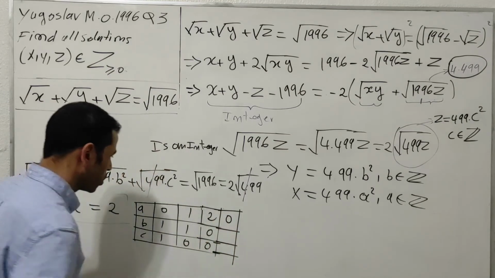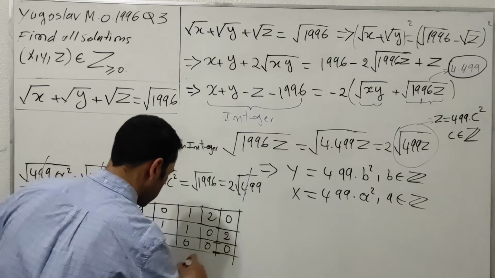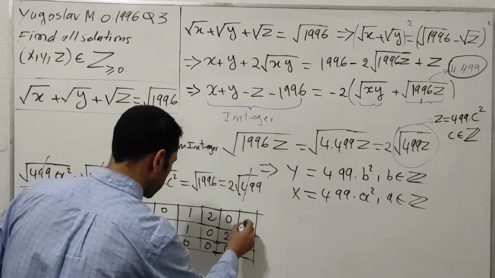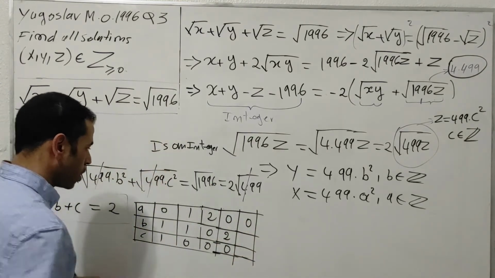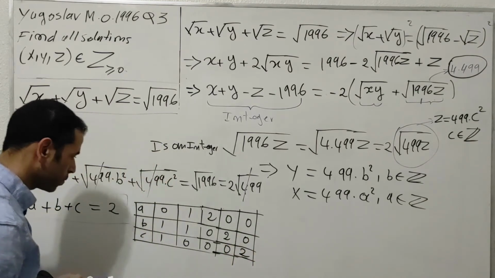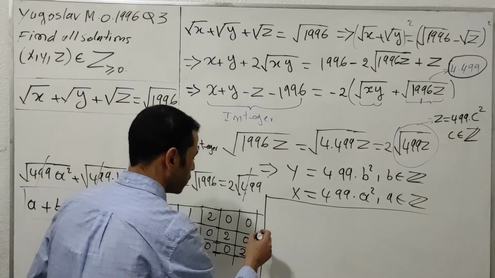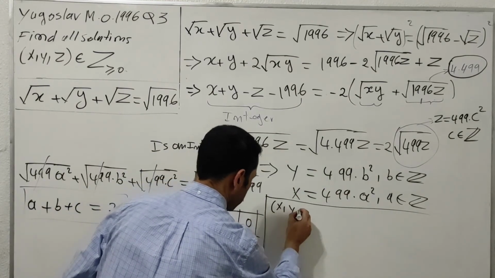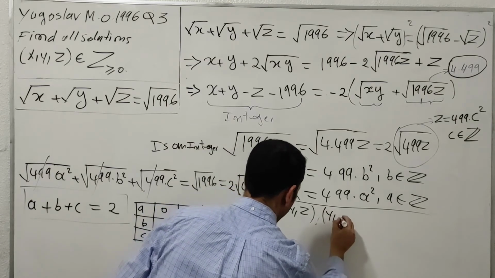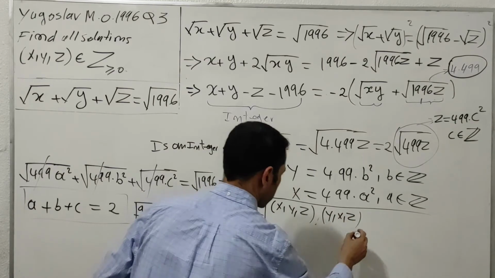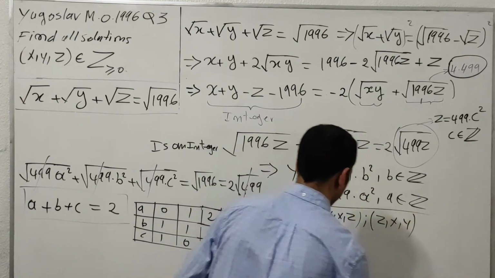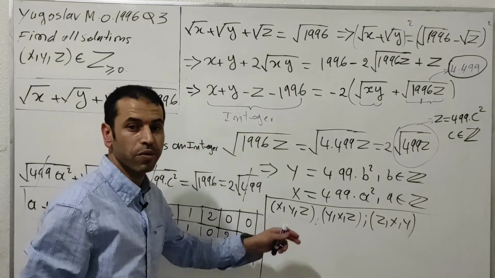Okay, when a equals 0, b equals 2 and c is taking 0, and also when a is taking 0 and b is taking 0 and c is taking 2. Okay, without loss of generality, if x, y, z is a solution, then y, x, z is also a solution, and z, x, y is also a solution, because I have a symmetry here.